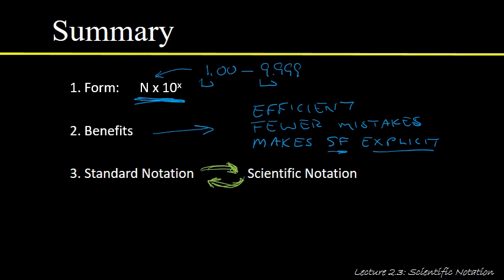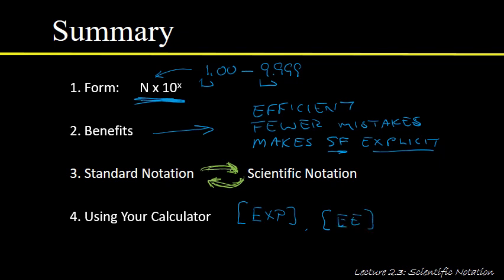And we talked about how to use your calculator, and specifically the importance of using that EXP key, or on some calculators, an EE key. Please locate that button on your calculator and get comfortable using it, because it will make your life a lot better.